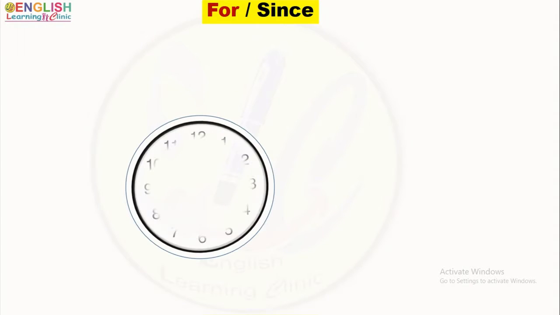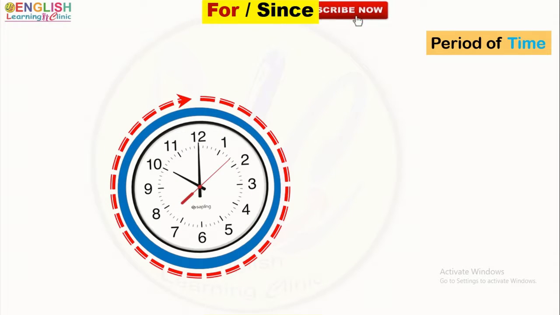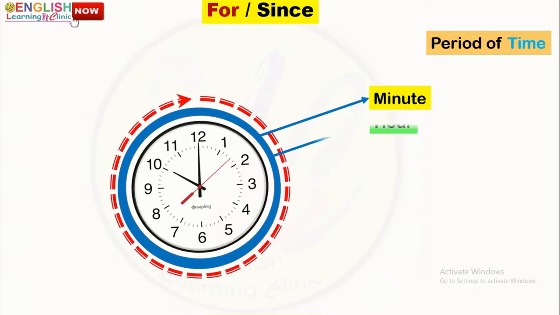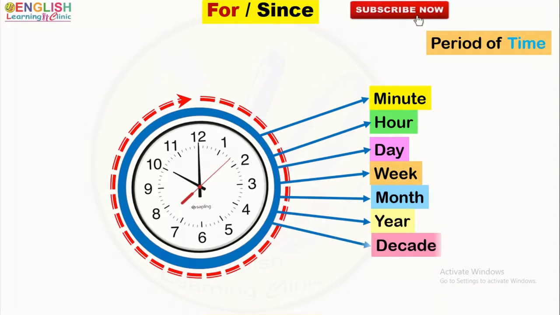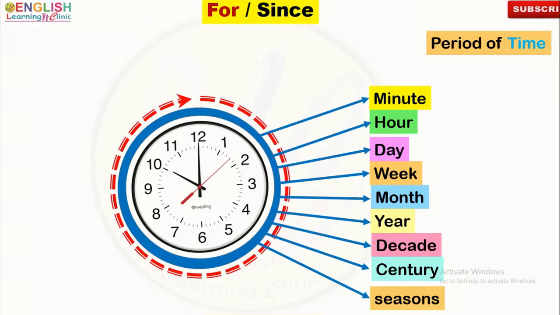This is the whole time, it indicates the duration, that is the period of time. Period of time is indicated by minute, hour, day, week, month, year, decade, century, seasons. It expresses the measurement of the time of the action. The measurement of the time is indicated by the number. So these will indicate period of time when they take an adjective of number before them.